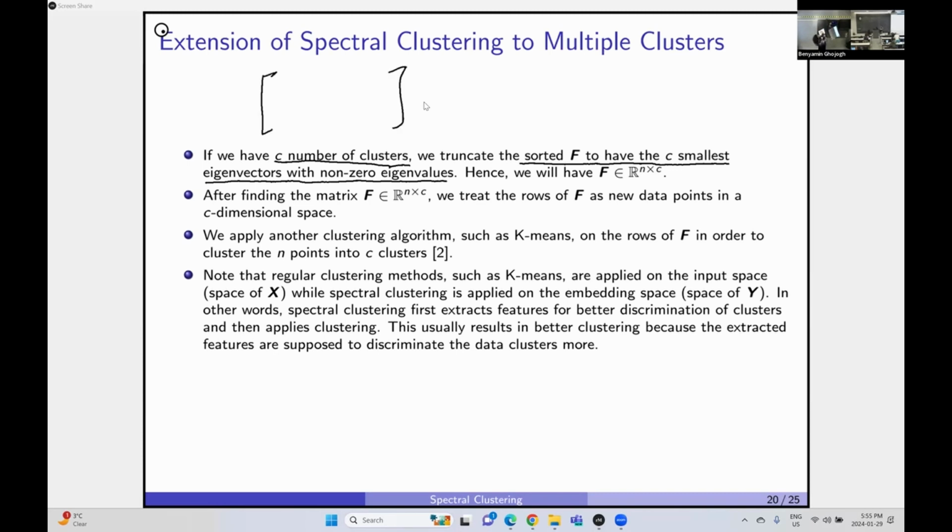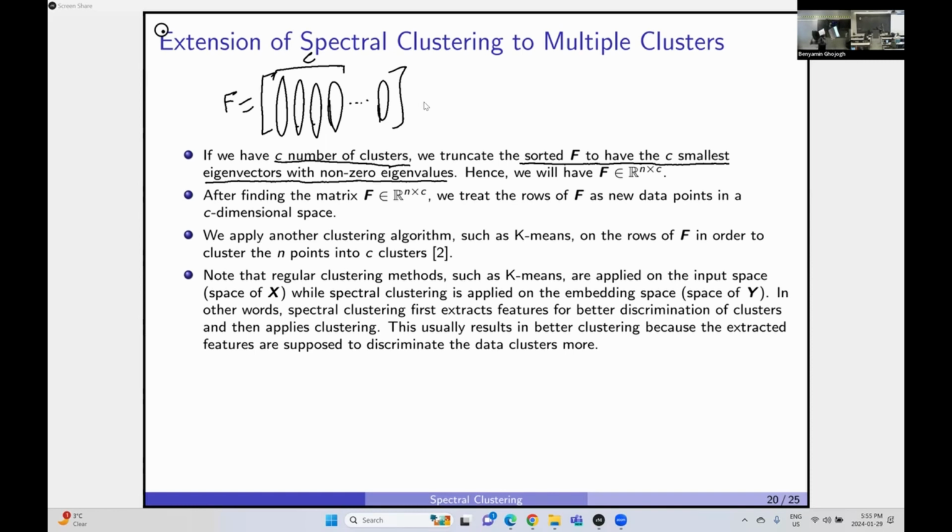Do you agree F is n by n, because I have n eigenvectors, each of which is n-dimensional? Now I only get the first C ones and drop the last n minus C columns. This is called truncation of the matrix. Basically, I make the square matrix a rectangular matrix.